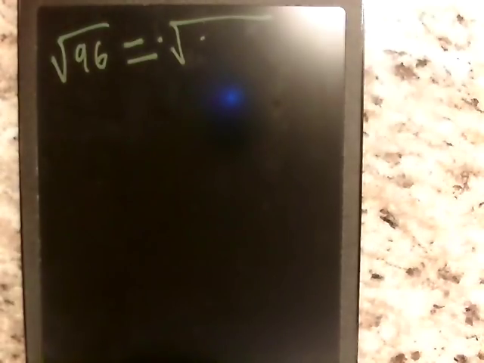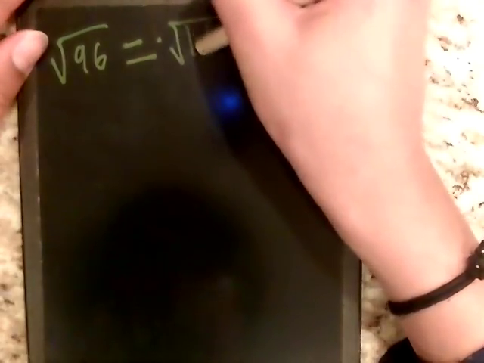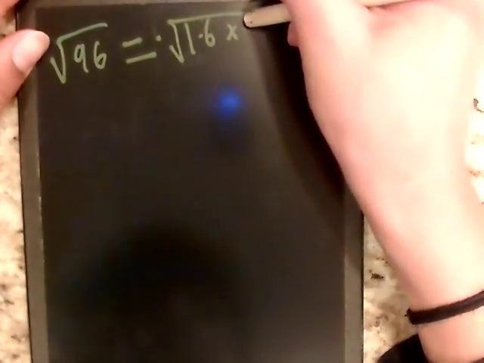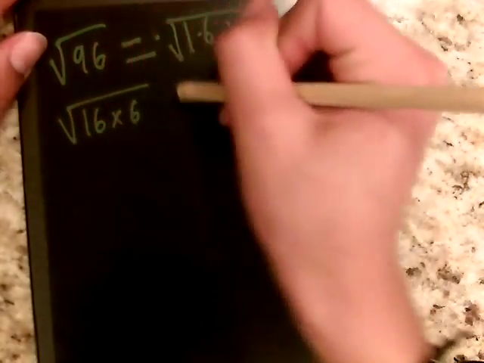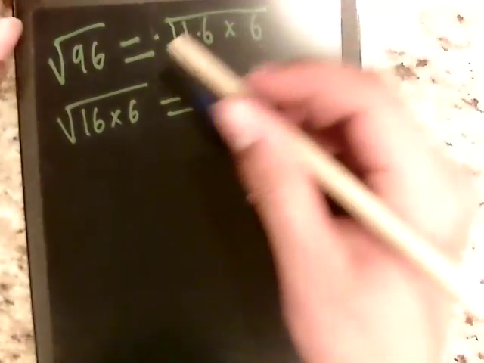Then 9 does not work. 16 does not work. Oh wait, does it work? I think it works, yeah. 16 works. So we can write 16 times 6. And so root of 16 times 6 equals.